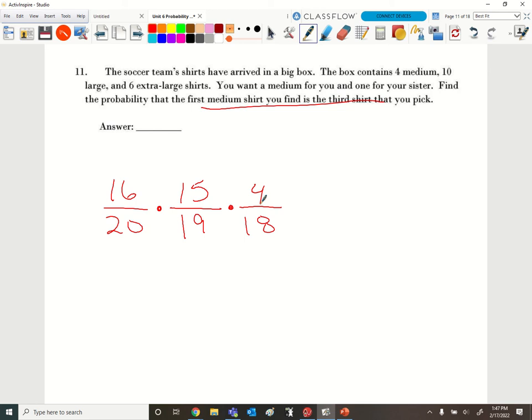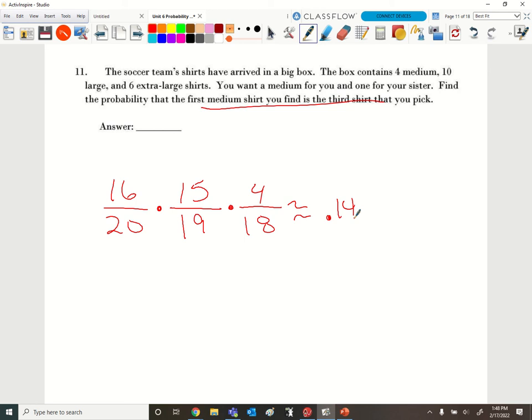So that's how long it took me to get the first medium. So calculate, por favor. Point what? Okay. Yes? No? Maybe? Yeah. Hopefully.